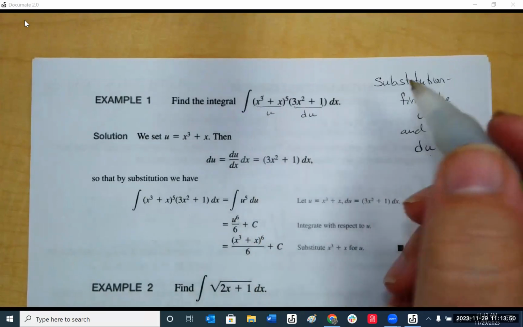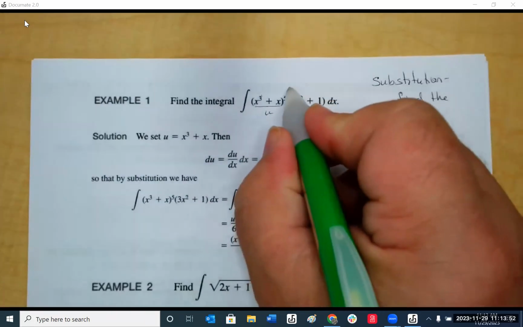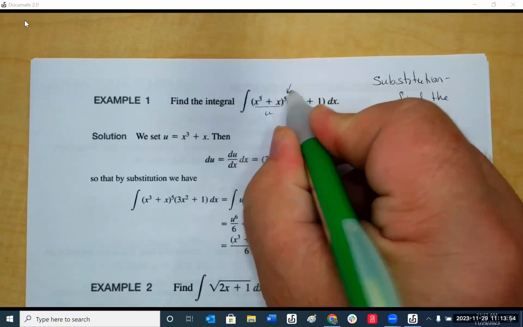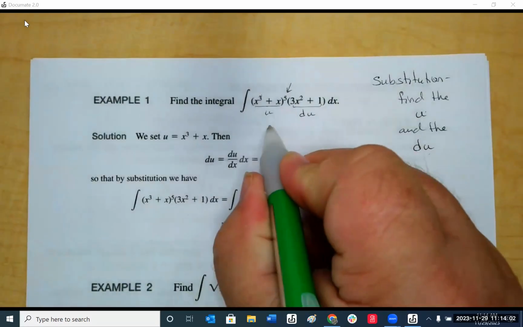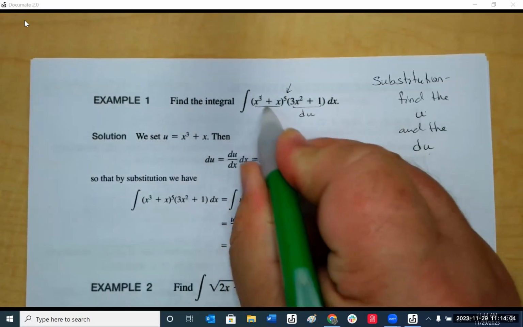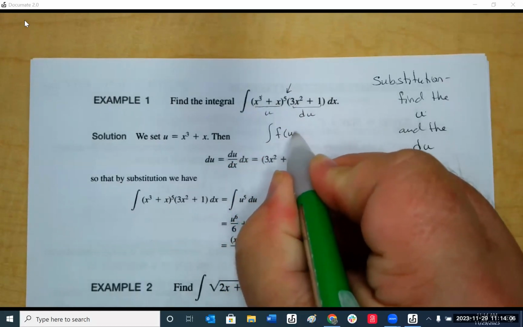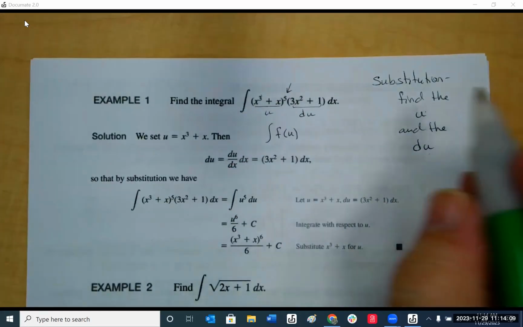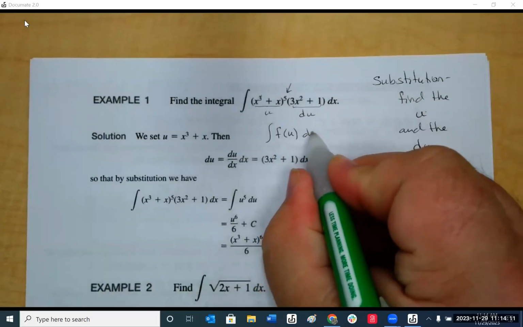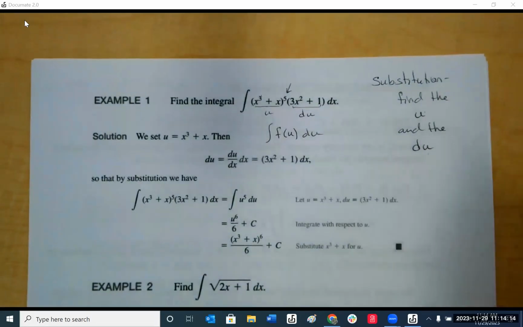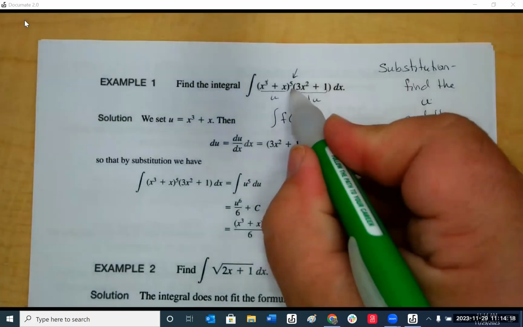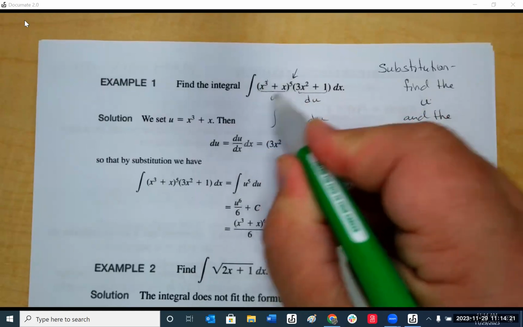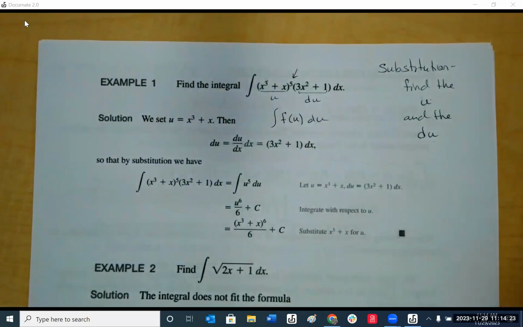Typically, a rule of thumb is that the u has to be inside some other type of function. Since it's to the fifth power, it's a good chance that this is your u and that's your du.